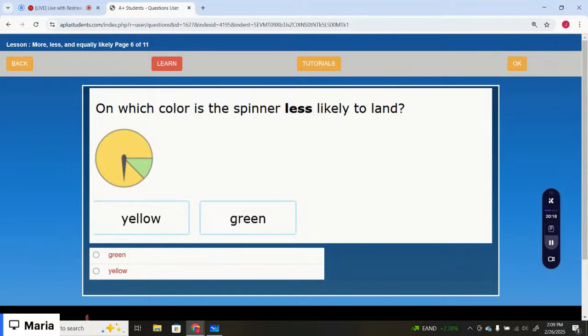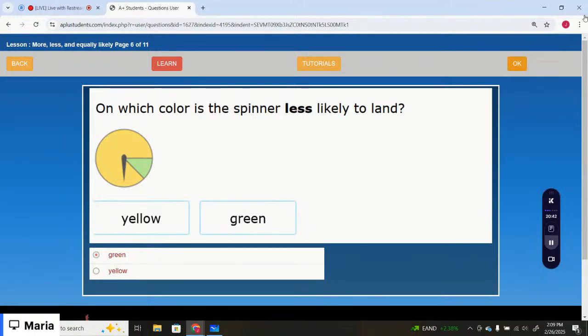On which color is the spinner less likely to land? It will less likely land on green.